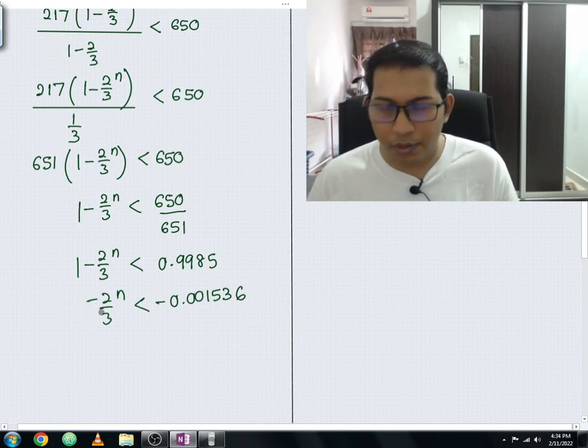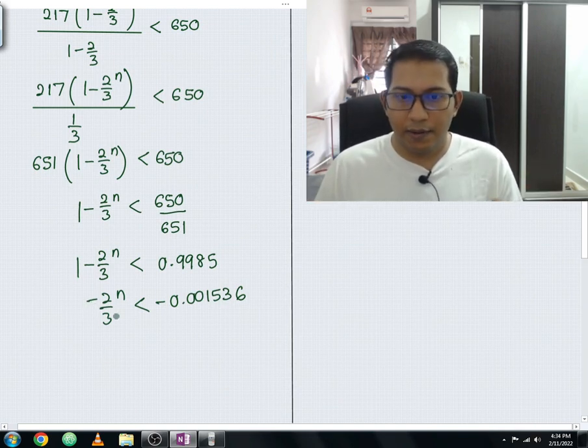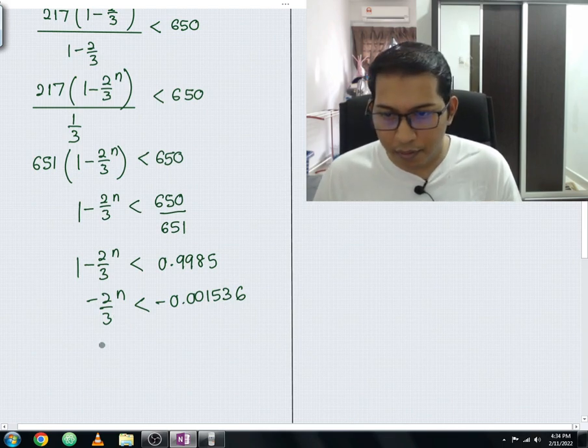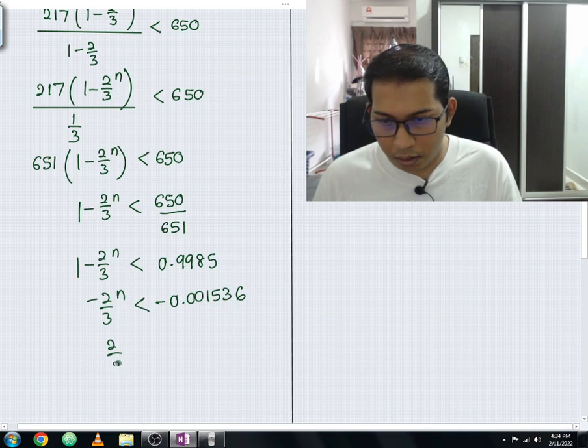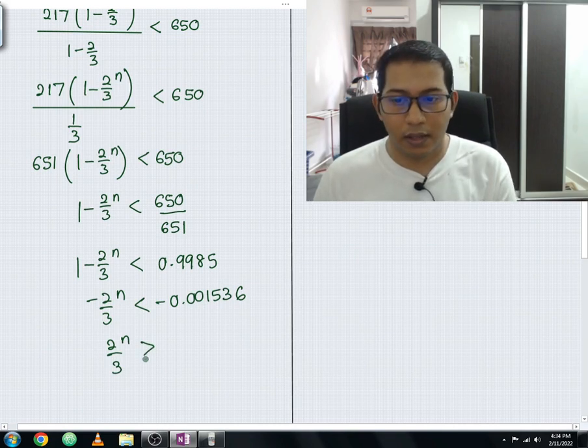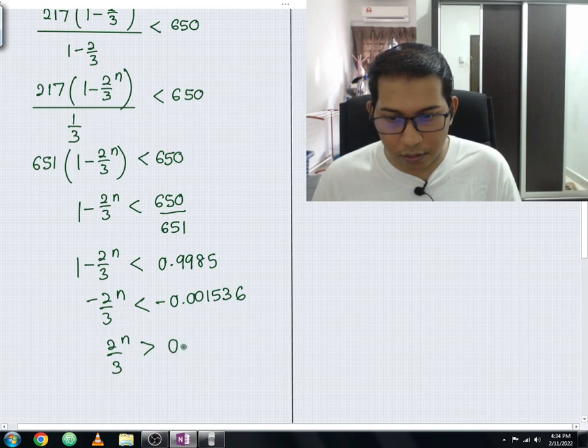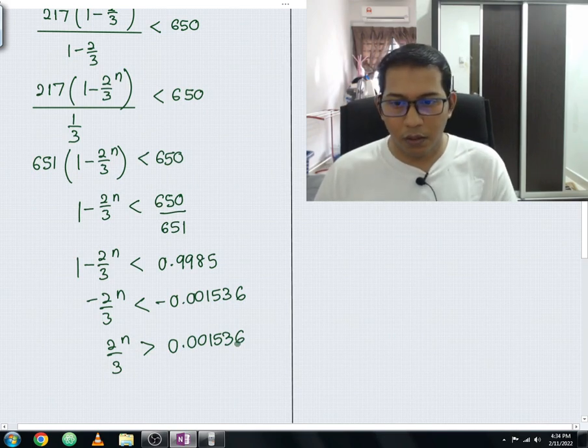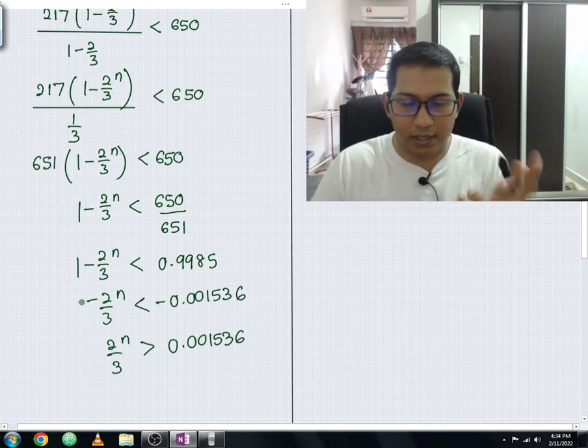Since both sides are negative, we divide the whole inequality by negative 1. So it will be 2 over 3 to the power of n, and in this case it will be more than 0.001536. I hope you understand the explanation behind switching the inequality symbol.